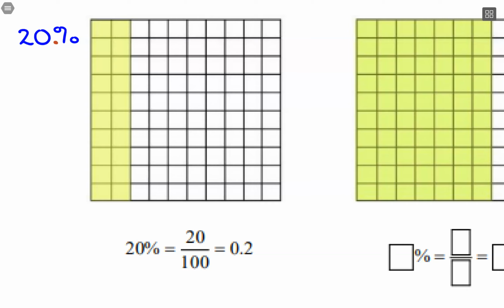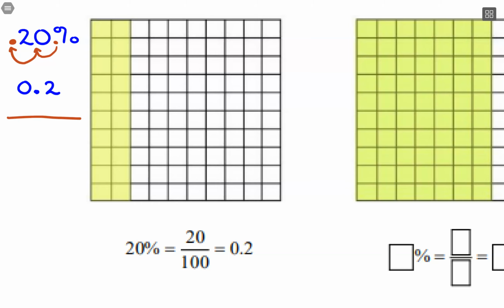To change to decimal form, you move to the left 2 spots, and it's always 2 because that represents the hundreds place. So you would then be at 0.2 because your decimal is now over there. That's how you can change from percentage to decimal: you just take your percent and move the decimal to the left 2 spots.